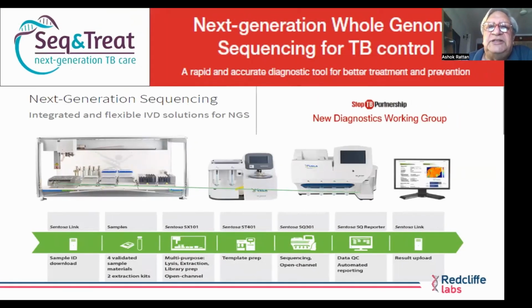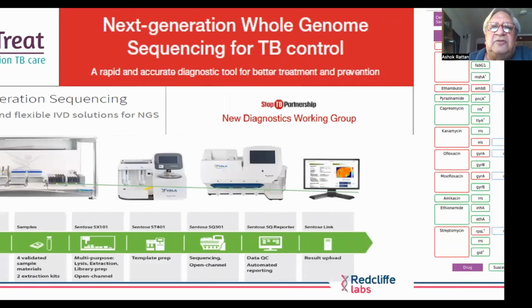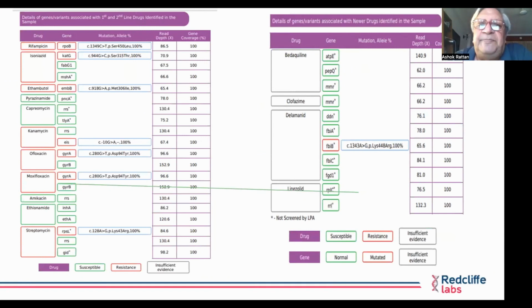By using next generation sequencing, after the bacteria has grown, in a week to 10 days' time, we would be able to get a comprehensive report on whether the katG gene, fabG, or others are wild type, that means no mutation and therefore sensitive, or mutated, meaning that there will be resistance.